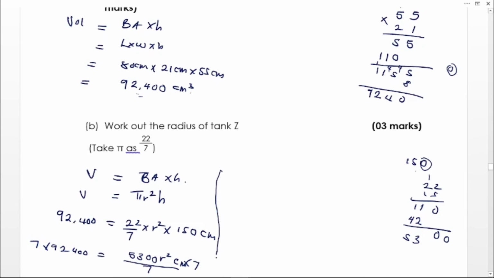Then from there I'm going to come here. Now this is going to be 7 times 92400 centimeters cubed, because this is a volume. So it's going to give us 3300, because when we multiply this one by this, 5 by 2 is 10.